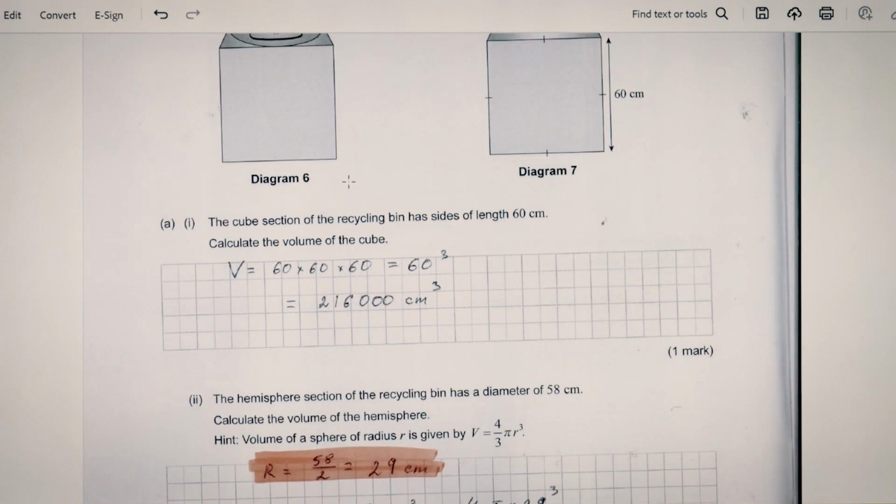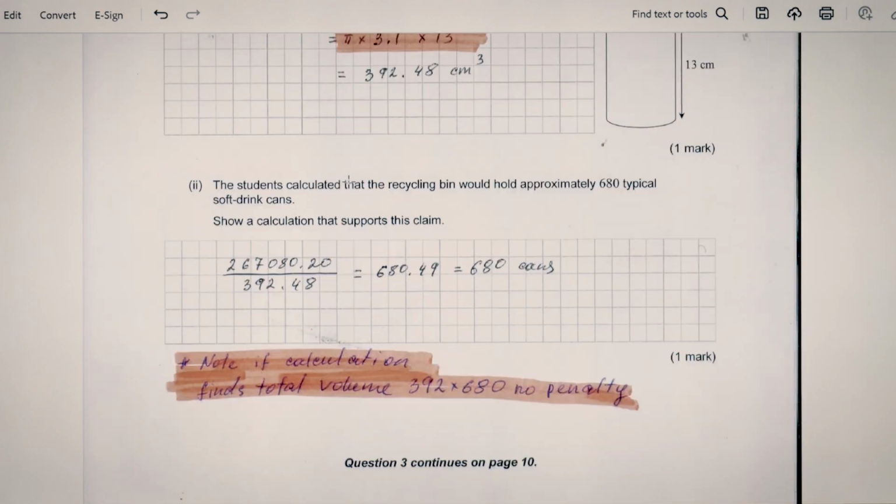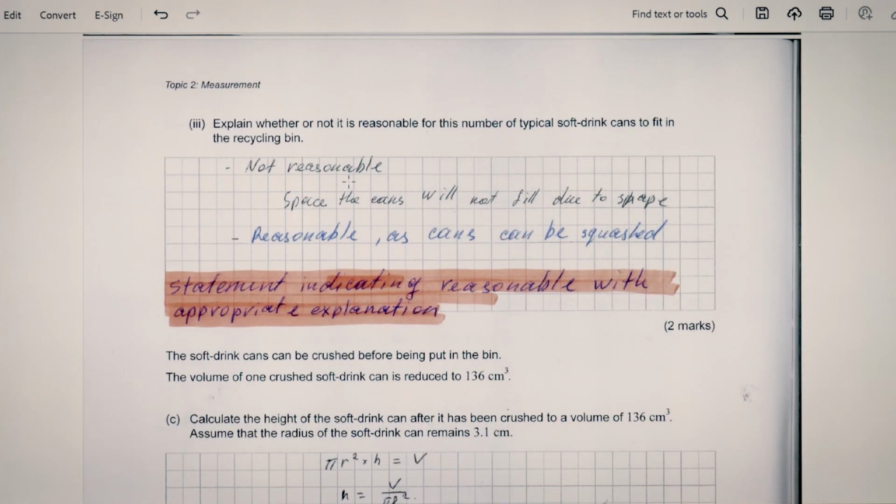But the students started to give very creative answers: you can squash the cans, so then it will be even more cans there, or the cans can be different shapes. It again depends on that, whether it will fit or not fit. So all those answers we're accepting.